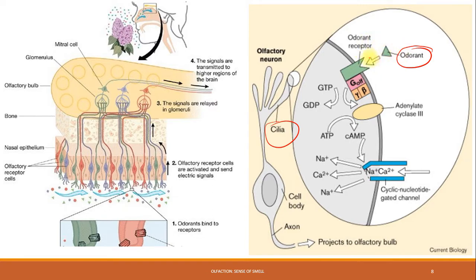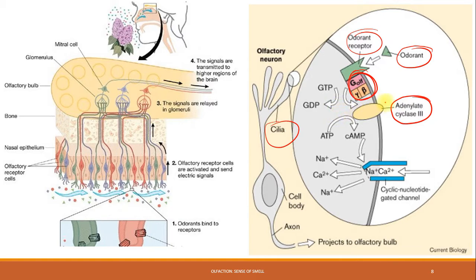When the odorant occupies the odorant receptor, it causes activation of G protein. Please don't worry about what the gamma, beta and alpha are; we are not concerned with that right now. Just remember that the odorant molecule activates the odorant receptor, which in turn activates this G protein, and this G protein in turn activates adenylate cyclase.